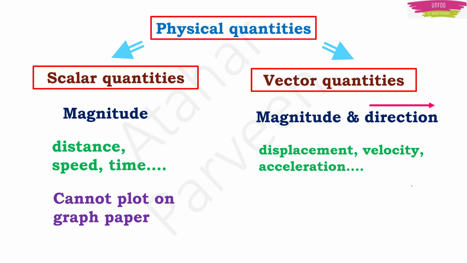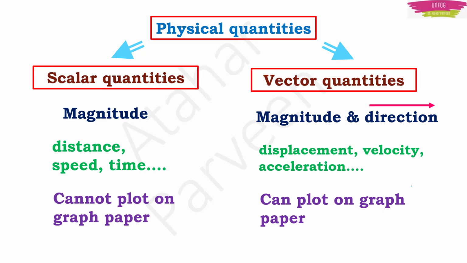Only thing is that we are adding direction with the magnitude to make distance as displacement and to make speed as velocity. And because these are vector quantities, we can plot them on graph paper. Now this was an introduction about scalar and vector quantities.